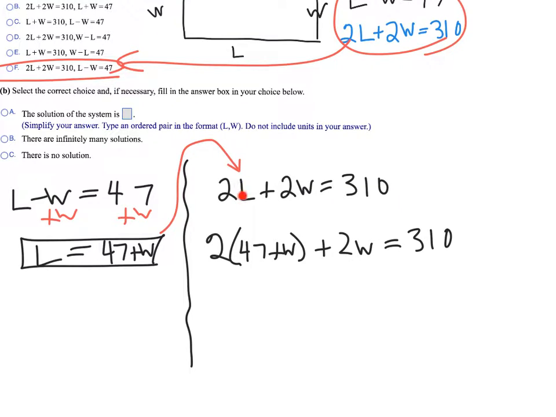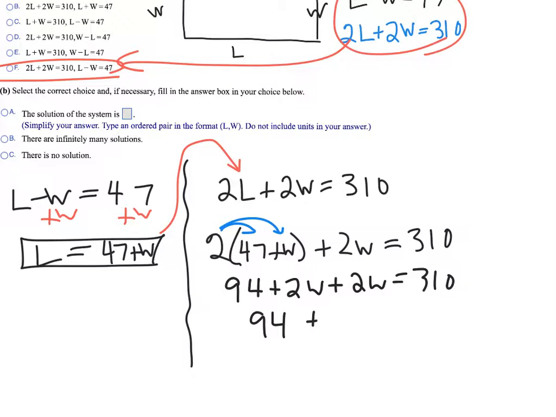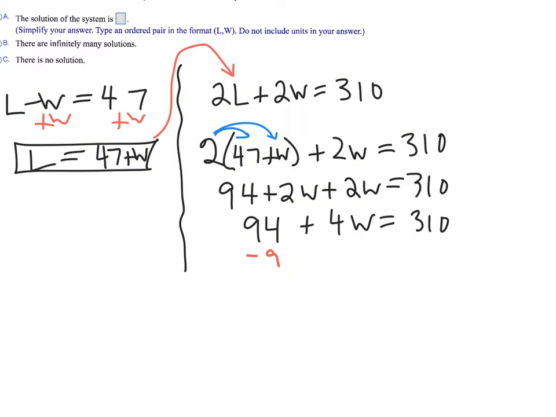So really all I did was I took this L and replaced it with 47 plus W. And that means we have the distributive property here, so we get 94 plus 2W plus another 2W equals 310. I'm going to add those two W's, so that's going to give me 4W equals 310. Now I'm going to subtract 94 from both sides.